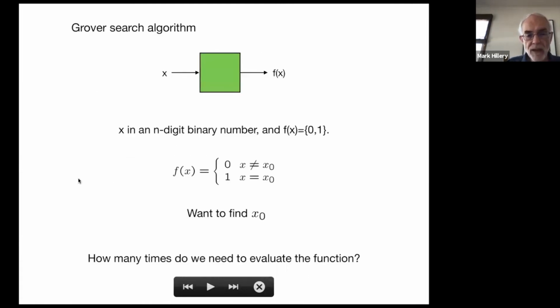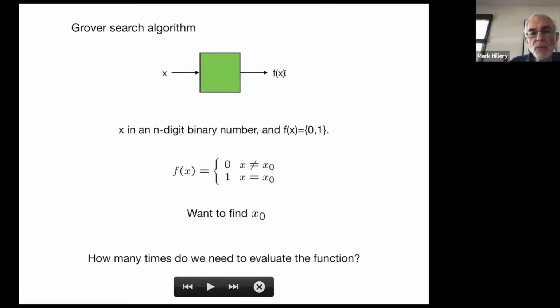Okay, now to get to a more useful quantum algorithm, there is the Grover search algorithm, which is another black box algorithm. Again, we have input x going in and f of x coming out. Now, in this case, x is an n-digit binary number. So x is going to be represented by n qubits, not just one, like the previous one.